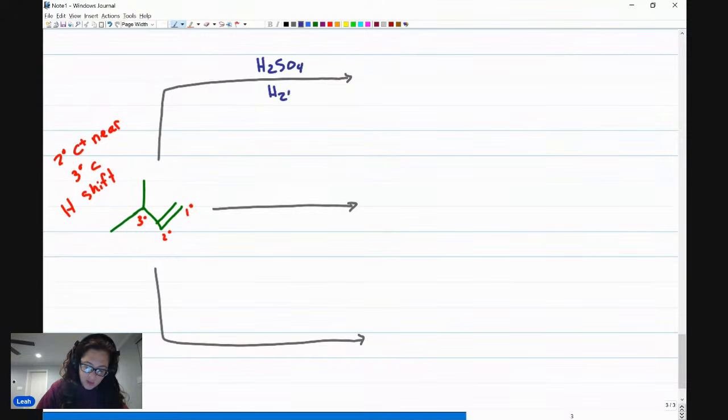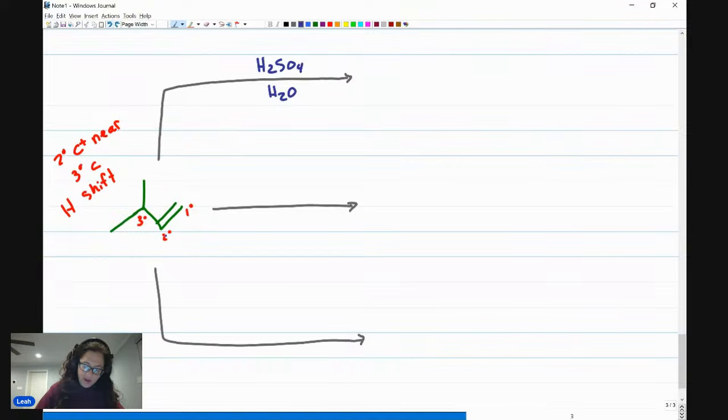an aqueous solution, a mild acid catalyst, in this case, H2SO4 in water. The mechanism, if you'll remember from Organic Chemistry 1, had a carbocation intermediate where the pi bond reached for the H+. The carbocation formed at the secondary, more substituted carbon.